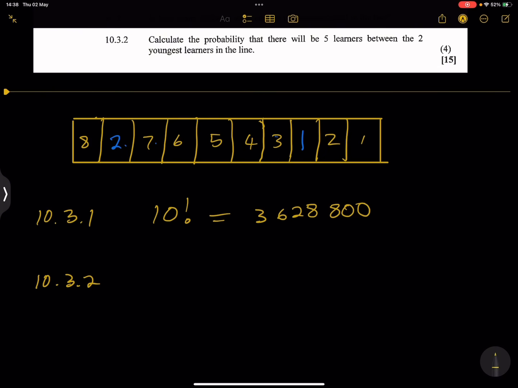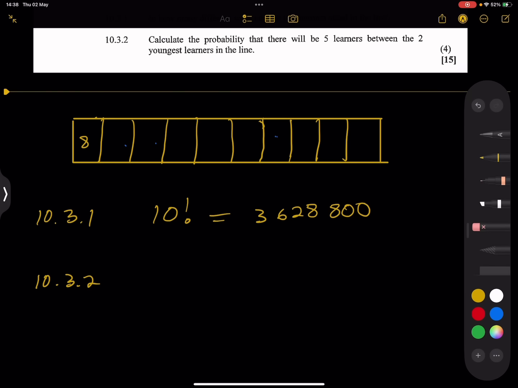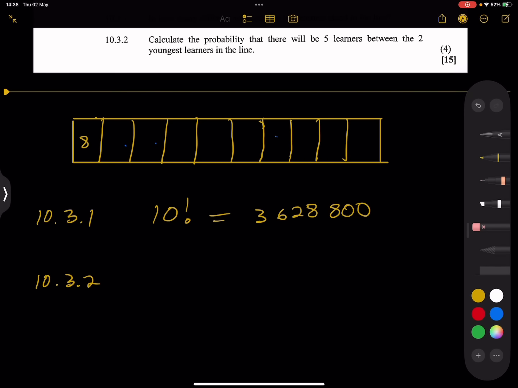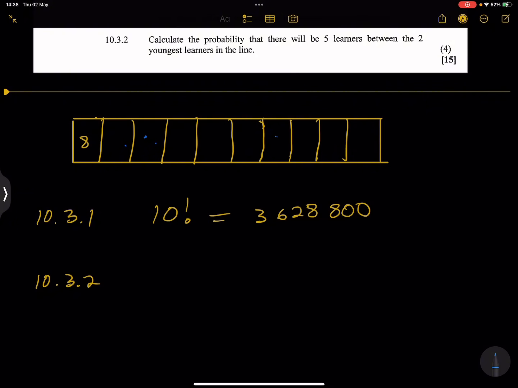But again, what can I do, ladies and gents? Put the youngest learners in position 3. If I put the first one in position 3, I said I'll indicate them with the blue color. So I can put the first one in position 3, but remember, for the first one I have 2 to choose from. Once I've placed the first one, then I've got only 1, so that's 1, 2, 3, 4, 5. So that means I can place the other one there, right?